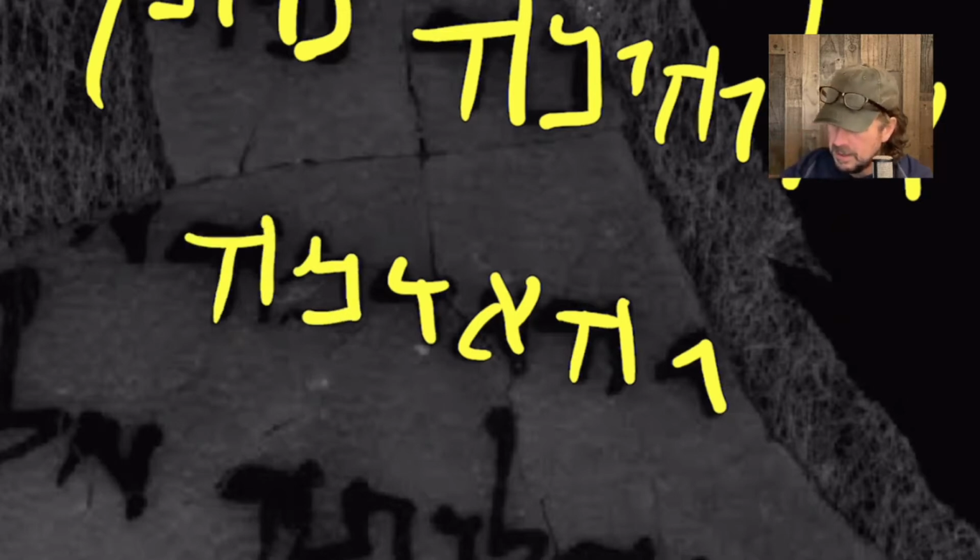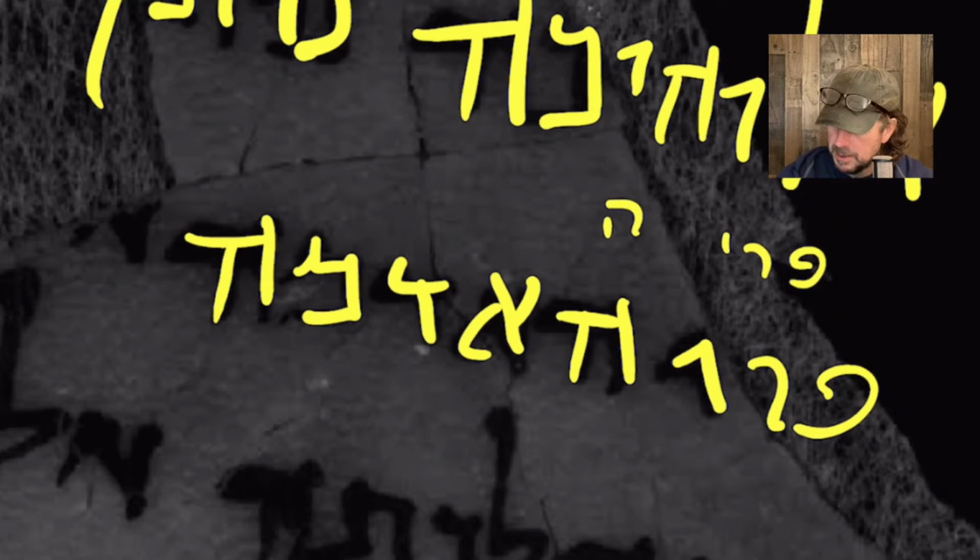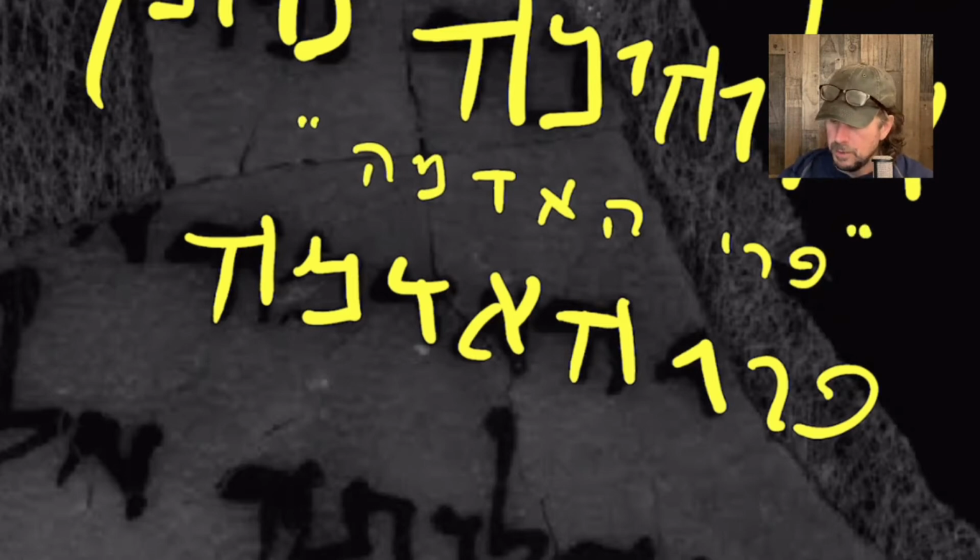And this is going to be from pri ha'adama, from the fruit of the ground. So the Masoretic would be pei, resh, yod, the same exact spelling. Hey, aleph, dalet, mem, hey. Pri ha'adama, fruit of the ground.